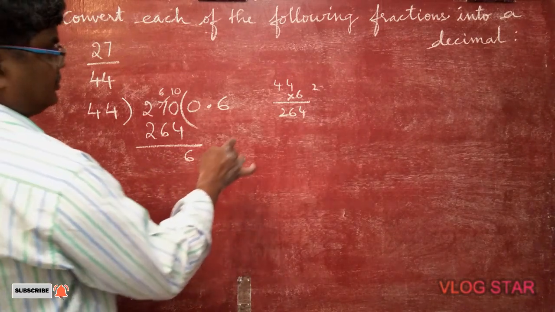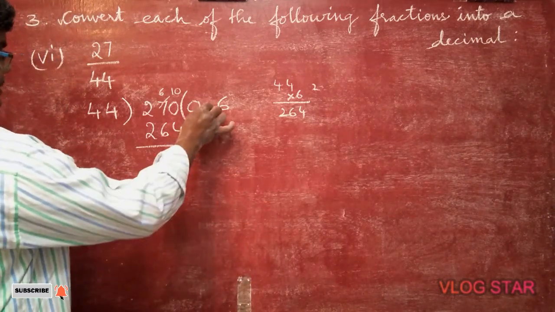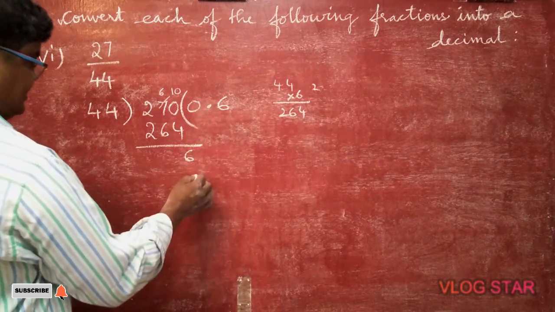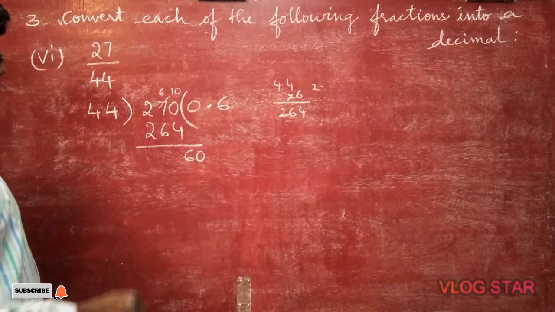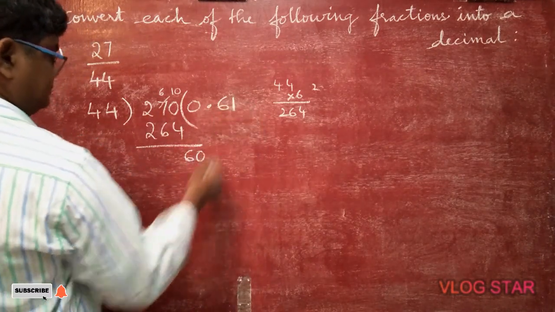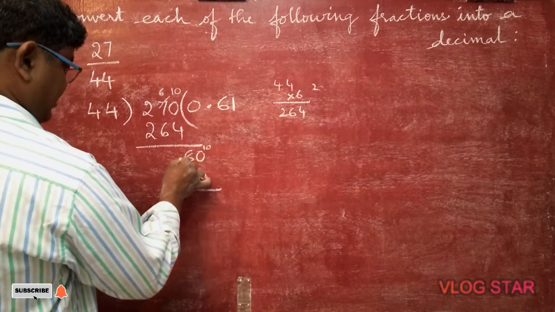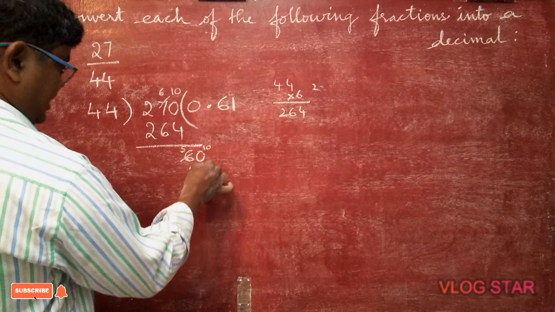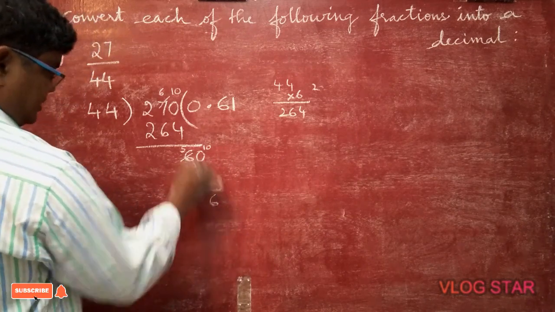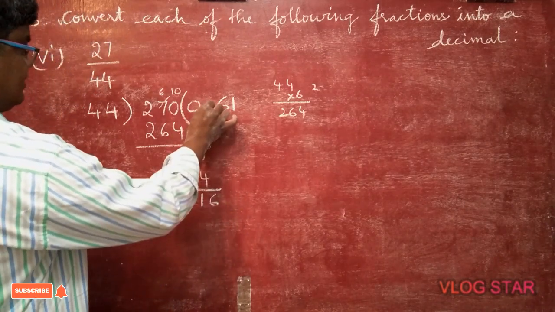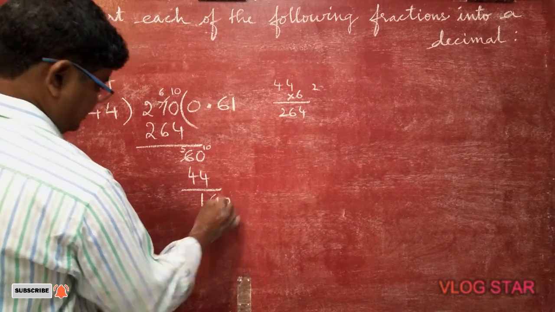So next, here the decimal is there. Keep 0. 1 time. 44. Borrow 10. Here 5 will be there. 10 minus 6, here 1. Decimal is there, so 0.